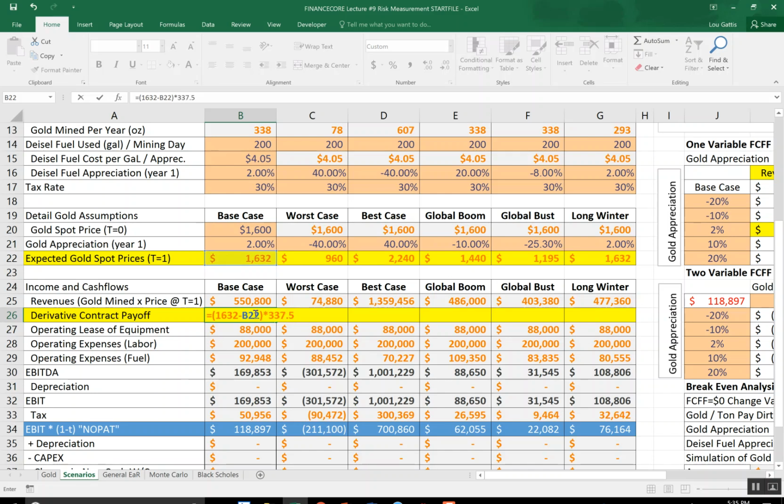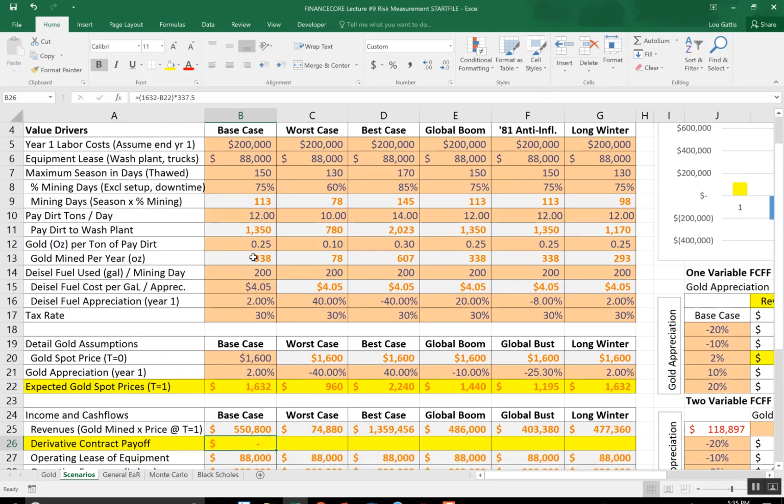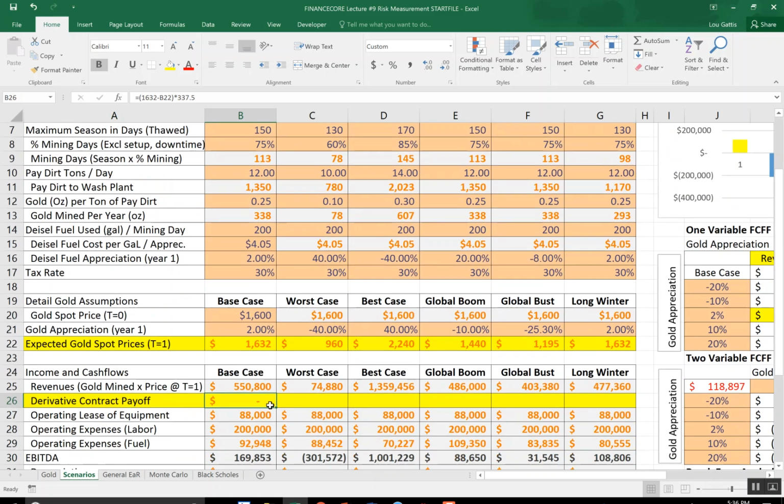So again, the reason why I'm hard coding these, the contract specifies a forward contract of $1,632 and specifies a quantity of 337.5. So in this situation right here, the payoff is 0, because in this scenario, my base case is gold prices actually turn out to be $1,632. But let's carry it over here. In this situation here, Todd is going to get a payoff from, say, the jeweler or Goldman Sachs, or wherever arranged this contract.